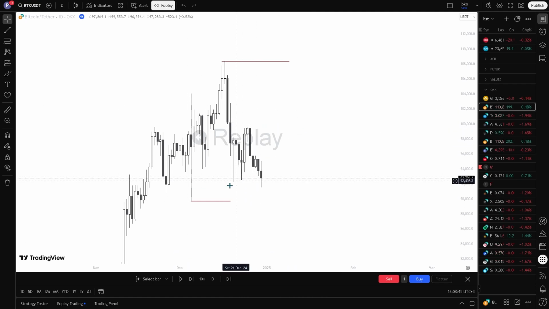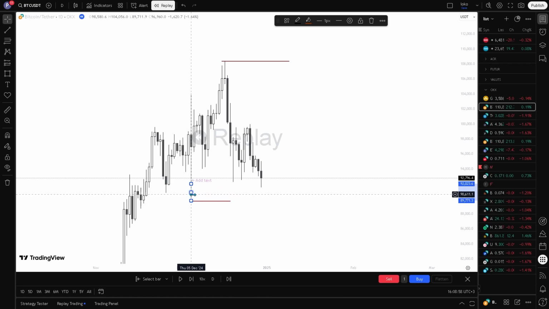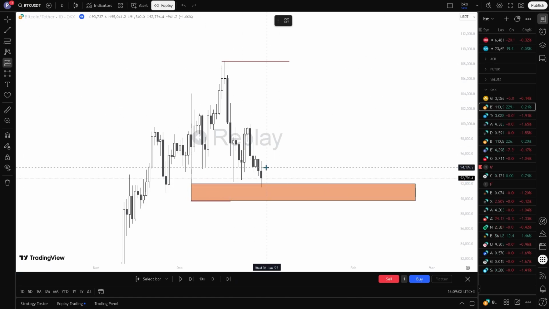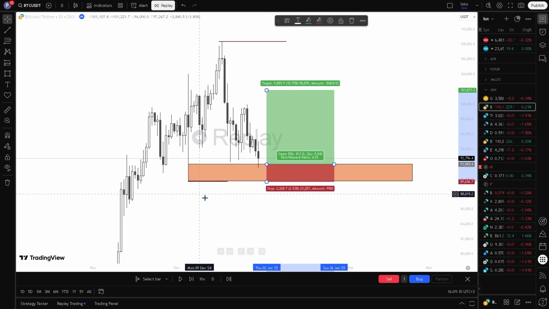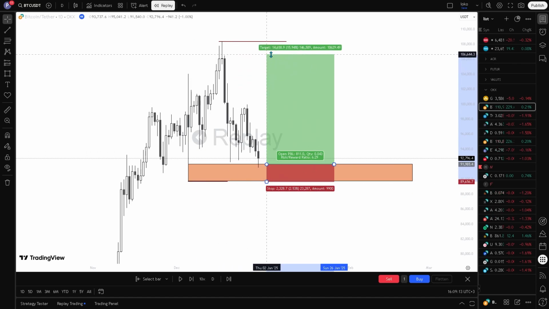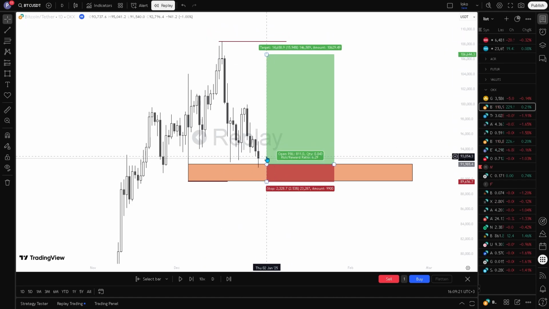So here the price is near our support level, and the retail trader is going to take a rectangle, define the zone like that, and open a deal with a short stop loss near the support level and take profit above here, because in his mind the price is going to touch the resistance level and go down again.